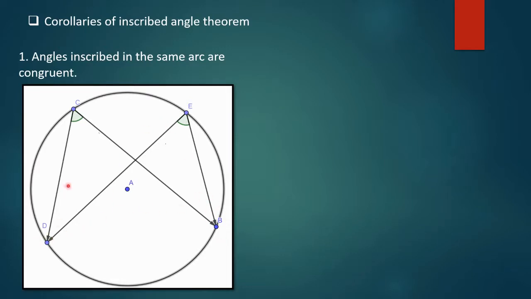Now, since both of the angles are inscribed in the same arc, these two angles will be equal. Therefore, angle DCB will be equal to angle DEB. Hence, angles which are inscribed in the same arc will be congruent.